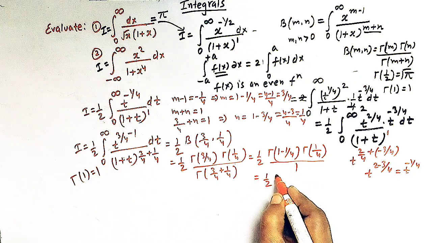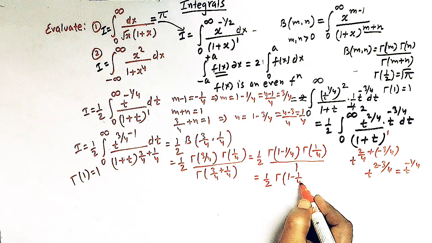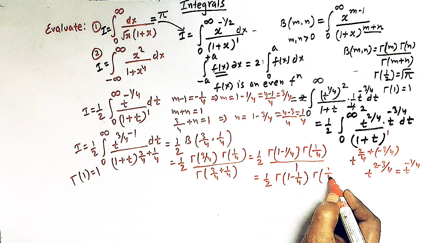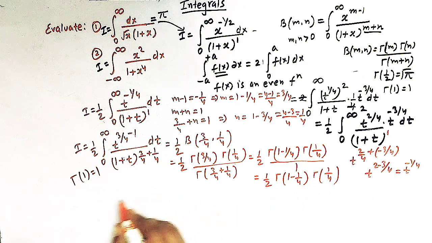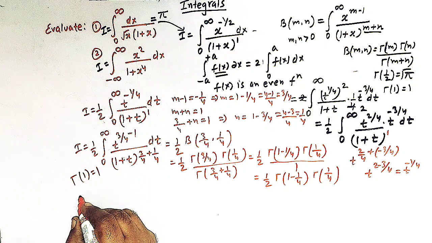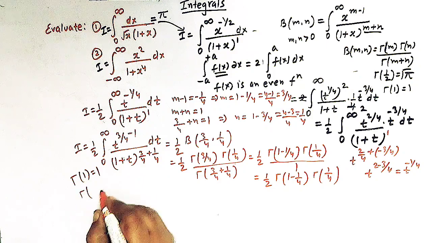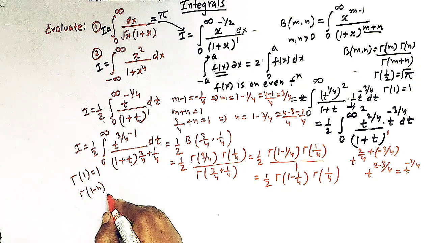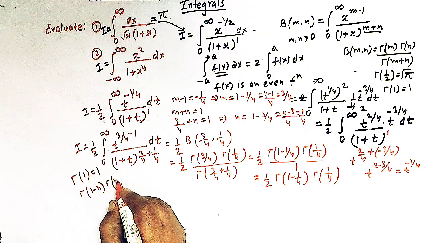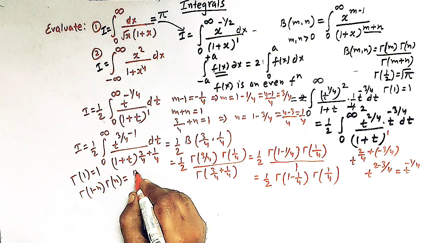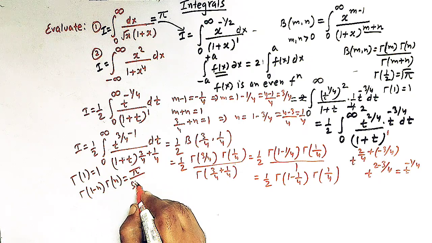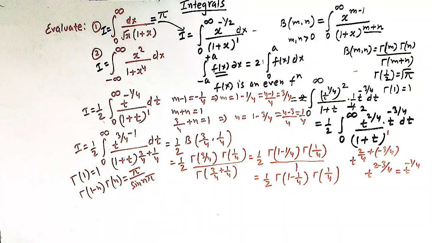So we have half gamma 1 minus 1 over 4, gamma 1 over 4, and now Euler's reflection formula says that gamma 1 minus n times gamma n is given by pi over sine n pi, right?